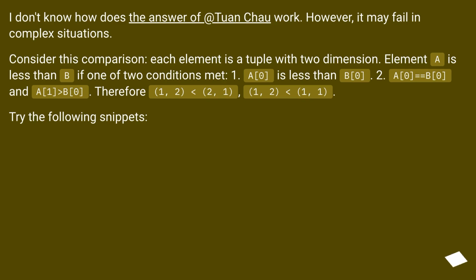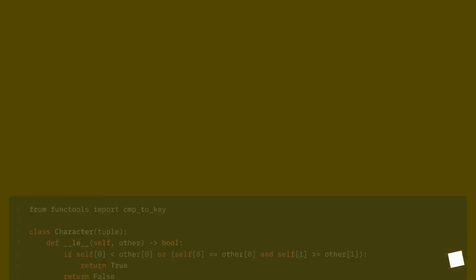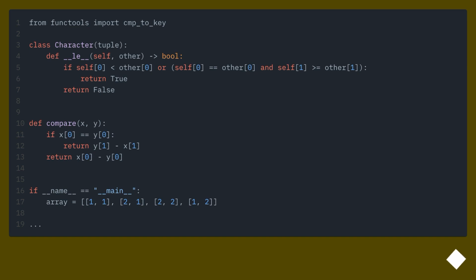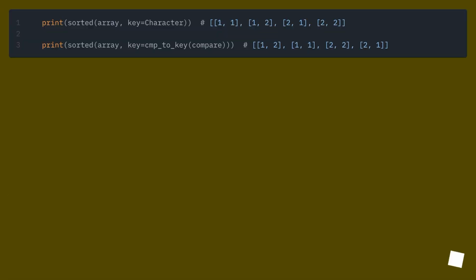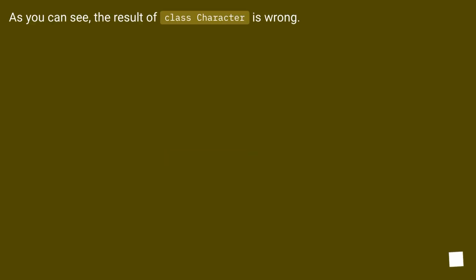Try the following snippets. As you can see, the result of the other answer is wrong.